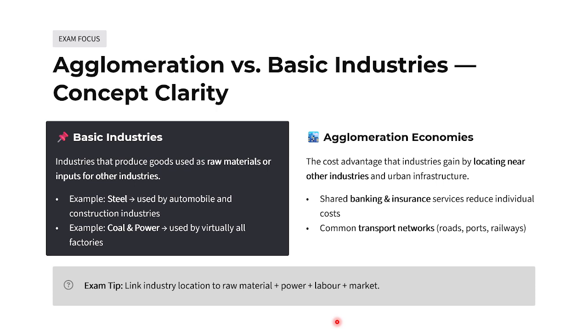So the industry should be near the raw material. It should have power, labor, and market accessibility. So this is industry location.